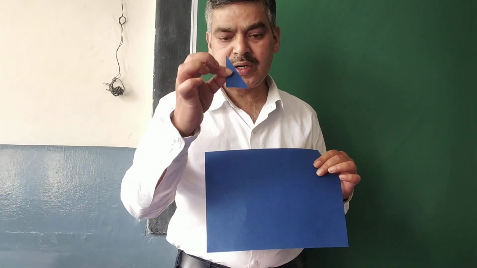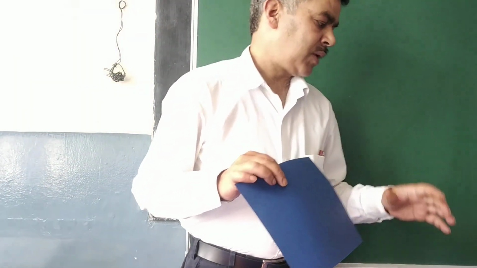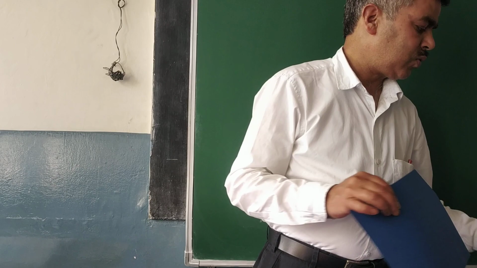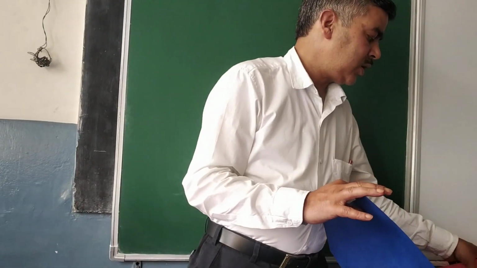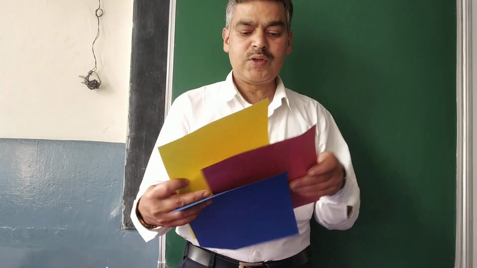So you can cut one of the corners and take that right angle ready. So I repeat, sheet number 1, sheet number 2 and sheet number 3. Keep them in order, ready with you.